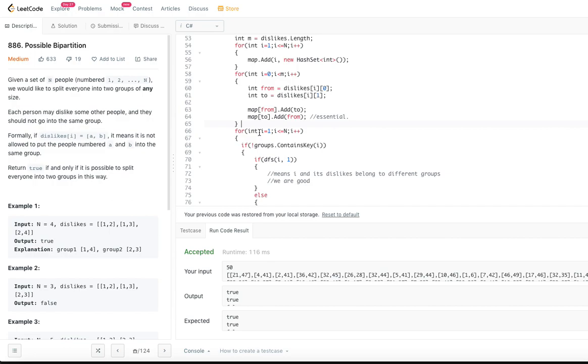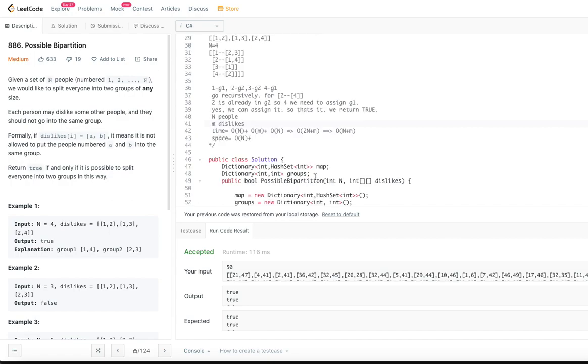But what is the worst case? Each person disliking at least one other person. If you have n people, each person has at least one dislike. So what is the complexity that we need for map? It is also order of n.